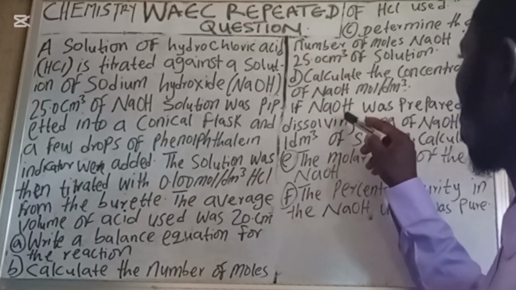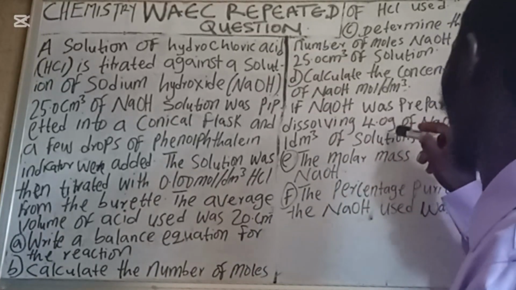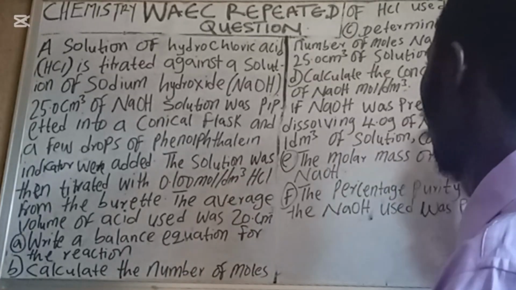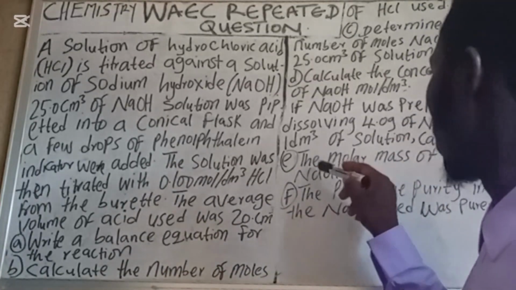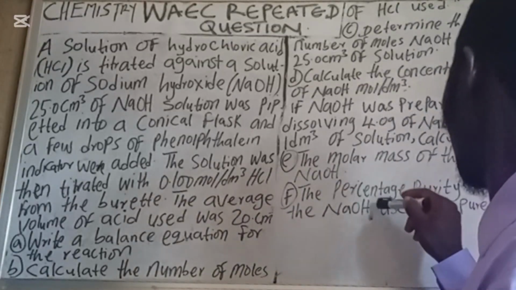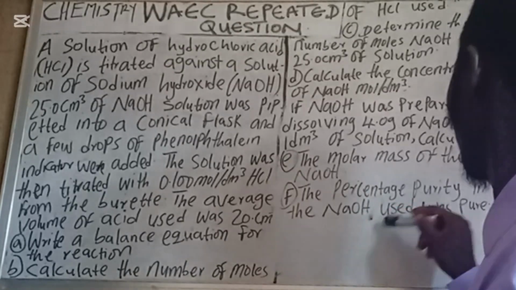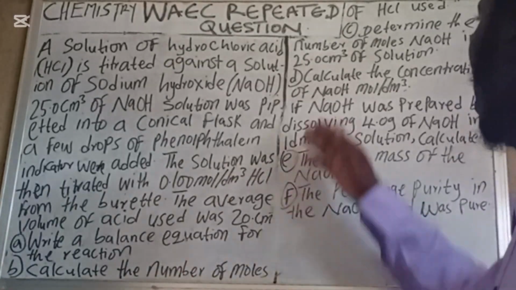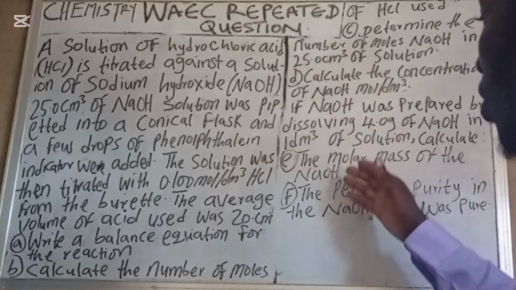Then, if the sodium hydroxide was prepared by dissolving 4.0 grams of sodium hydroxide in 1 dm³ of solution, calculate E, the molar mass of sodium hydroxide, and F, the percentage purity of the sodium hydroxide used. So this is the question that we are asked to calculate.